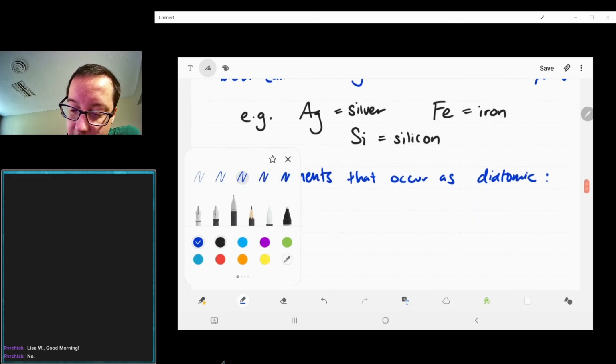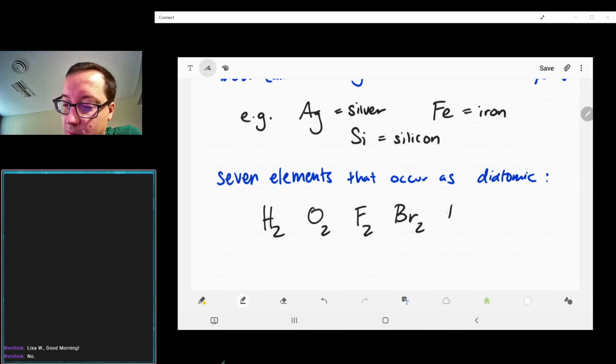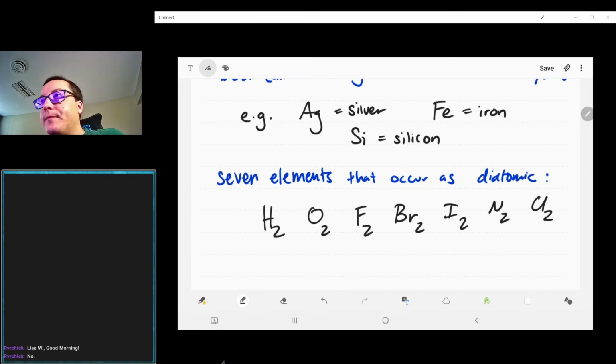And those are going to be hydrogen, oxygen, fluorine, bromine, iodine, nitrogen, and chlorine. If you want to remember these, which you will need to, we're going to see in chemical reactions when we get there, all of these species must be recorded as being diatomic. Anytime you talk about oxygen gas, it's O2. It's not just oxygen. Same thing with any of these elements.